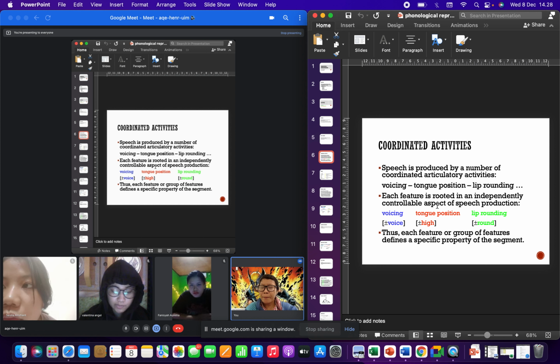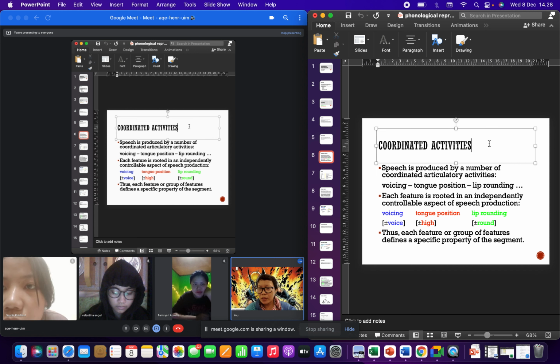I said before that features reflect coordinated activities of the articulators. Articulatory means that you release the air from your lungs, let it go up through your airstream mechanism, and then the air gets into your mouth cavity or your nasal cavity, and you let it release through the mouth or the nose. So there are coordinated activities when we produce sounds.